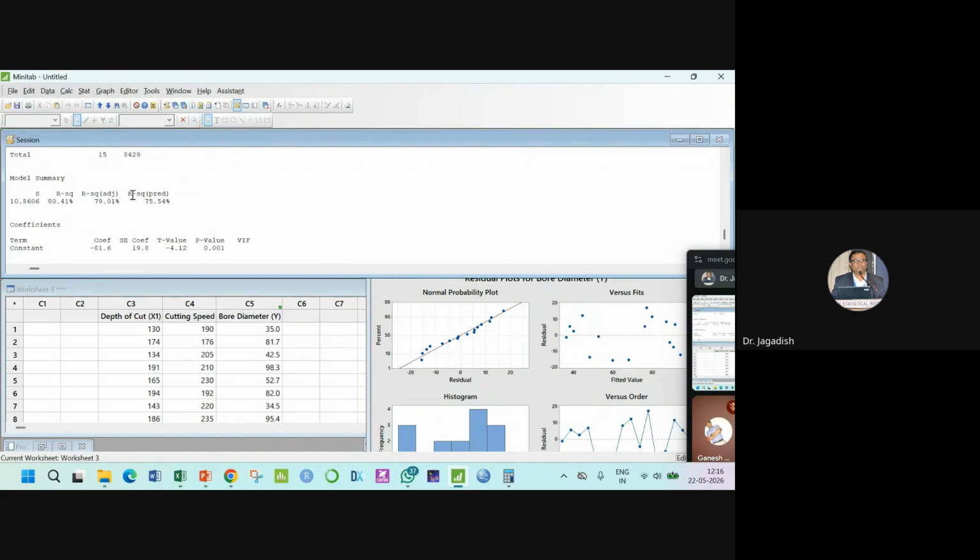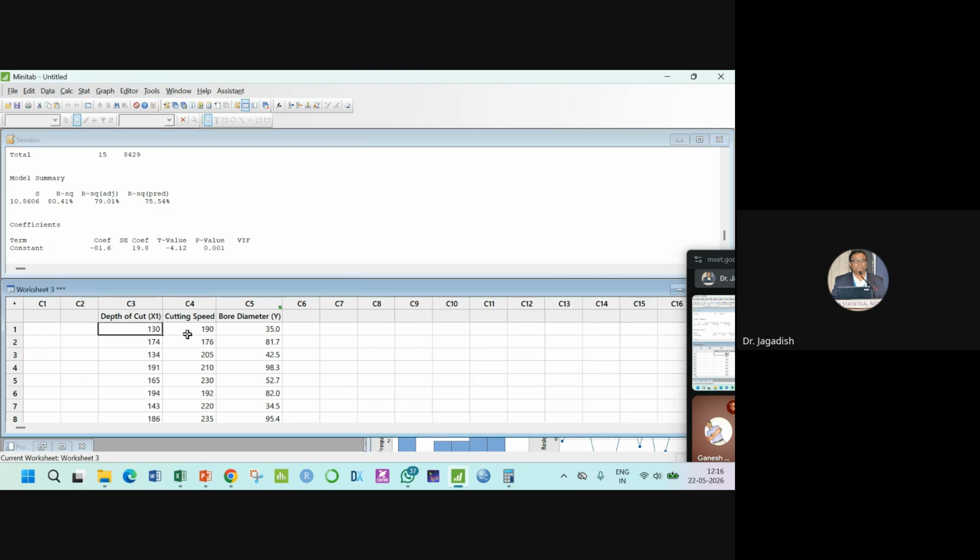Predicted R square is basically 75 percent. What does that mean? The prediction will give roughly 75 percent accurate results, and there is still a 25 percent possibility of error in prediction. Suppose I kept 130 and got 35.